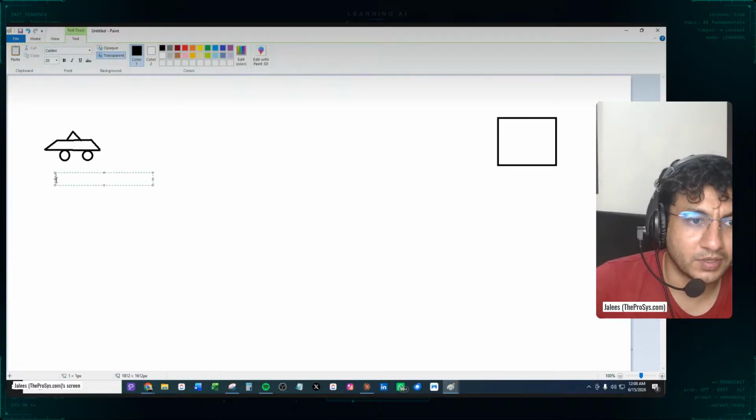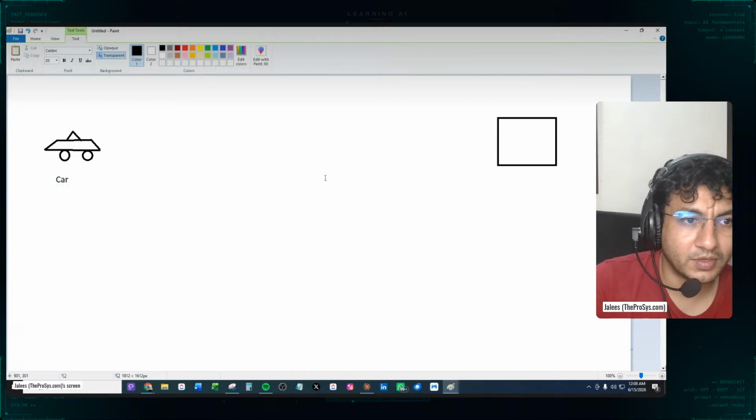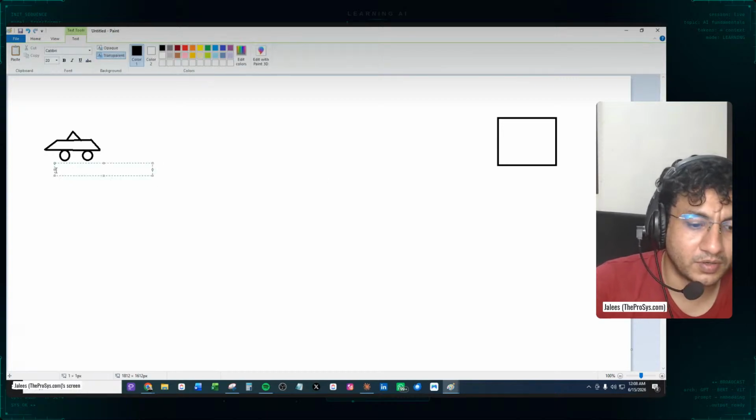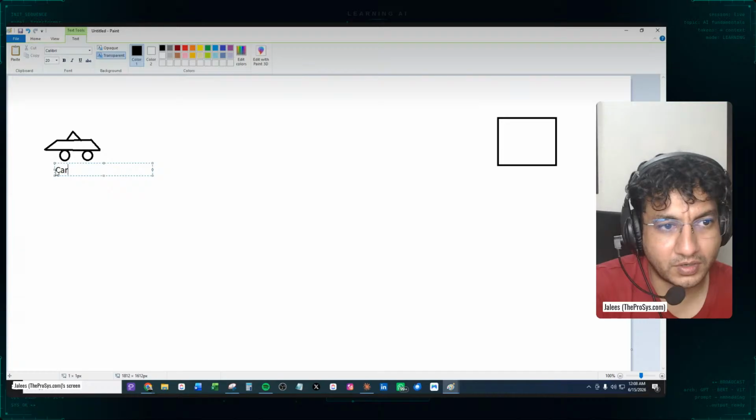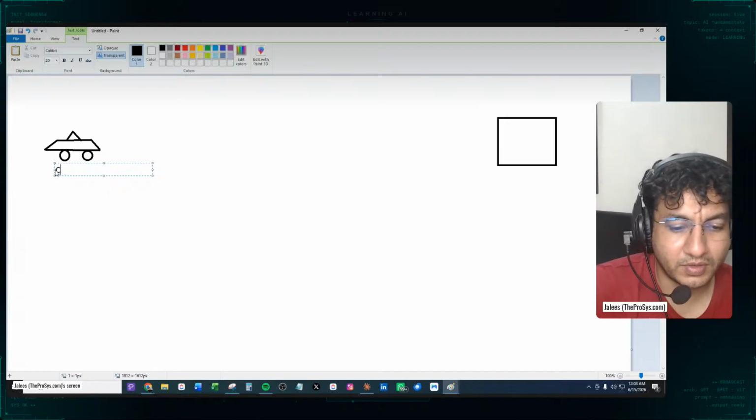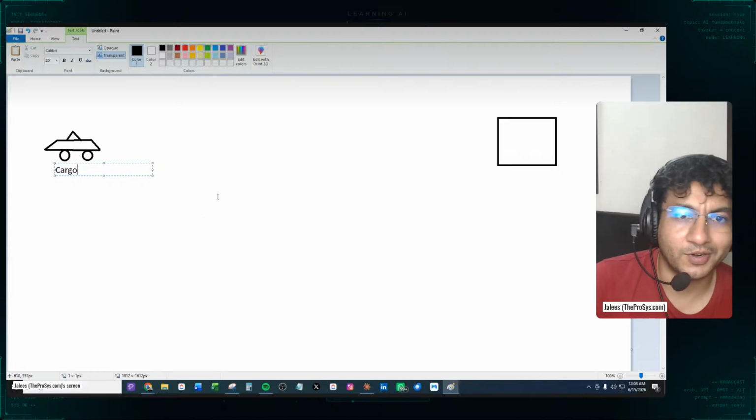You can say it is a car, or you can say it is cargo.